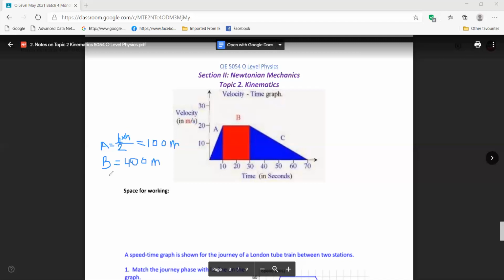Then part C: 20 multiplied, then divided by 2, 400 again.